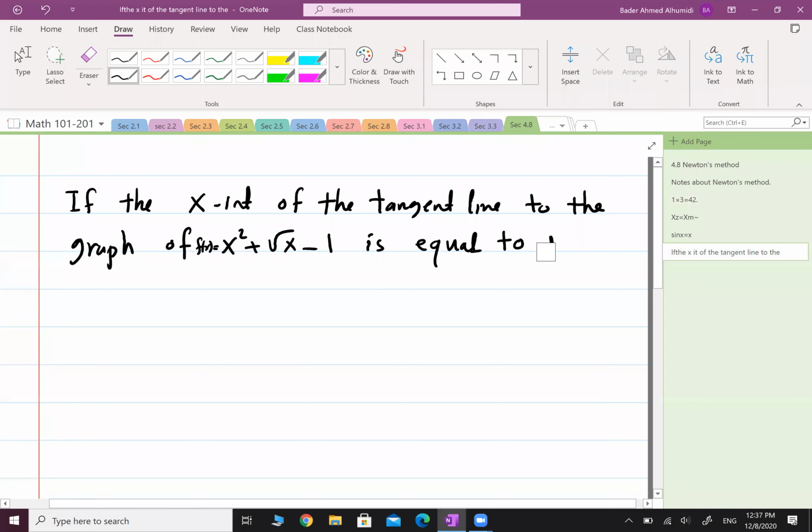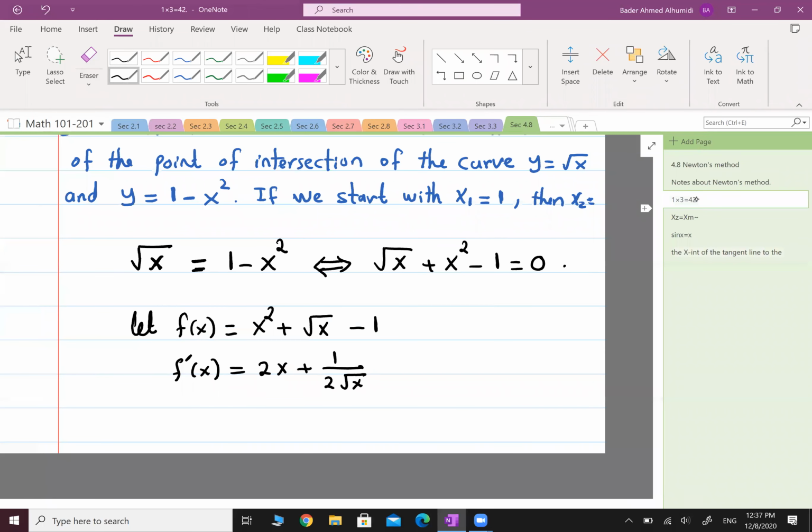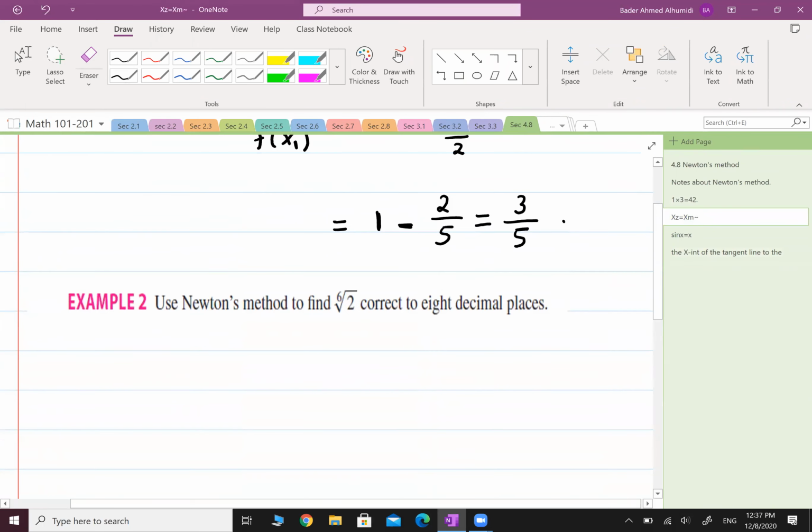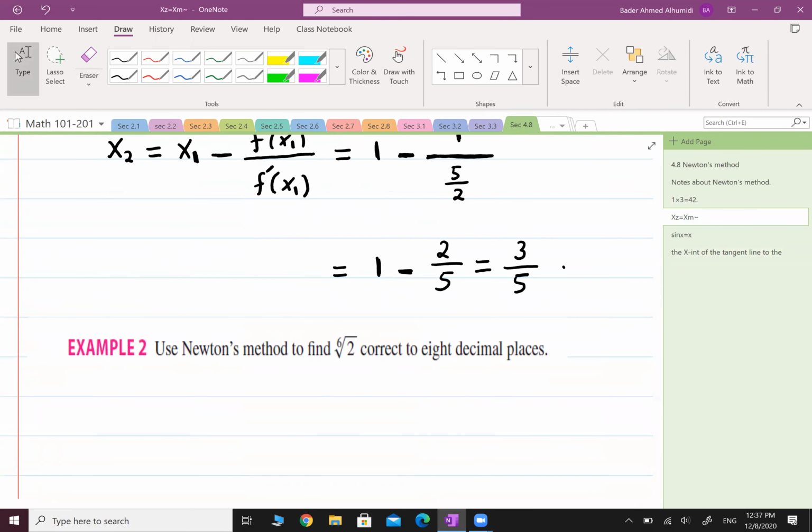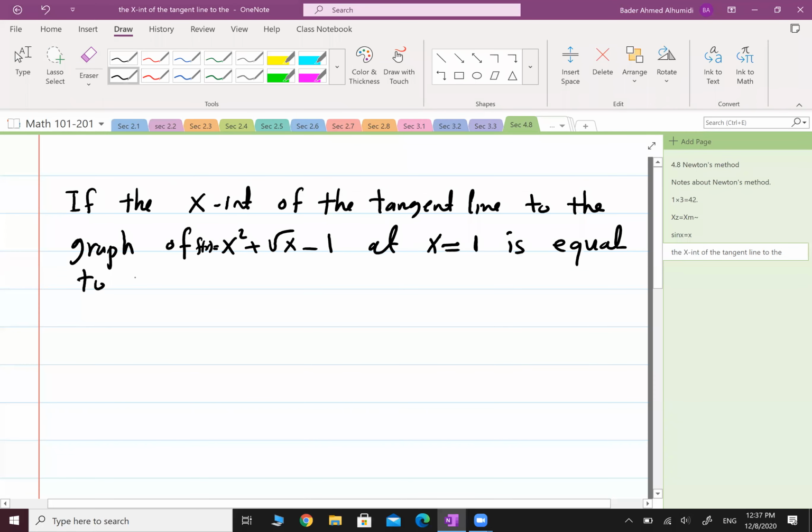If the x-intercept of the tangent line to the graph of this function at the point x equal to 1 is equal to, and let us see what we got at 1, 3/5, correct, 3/5.